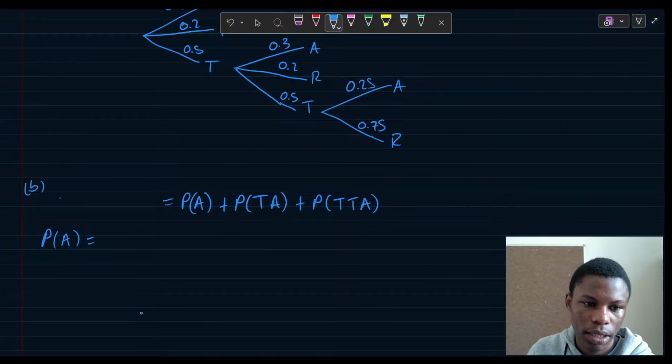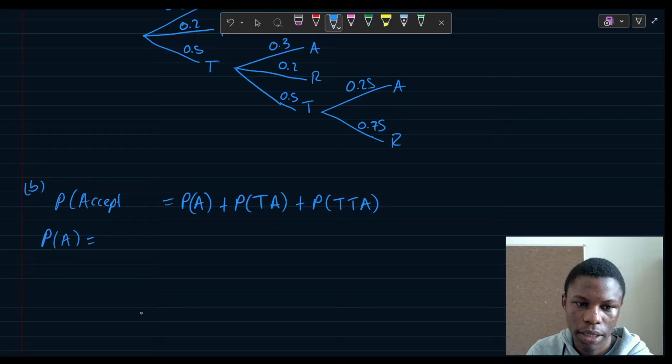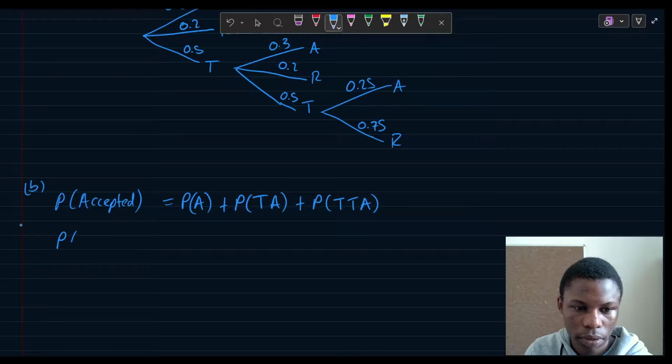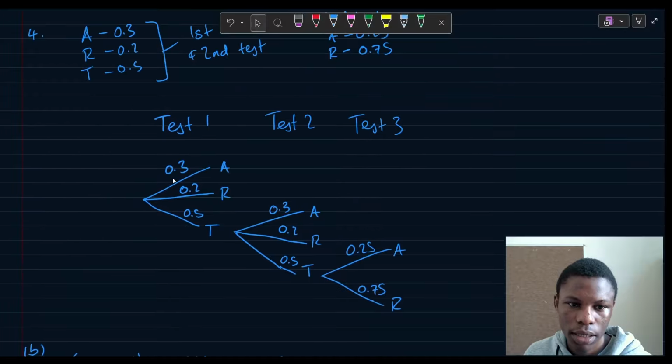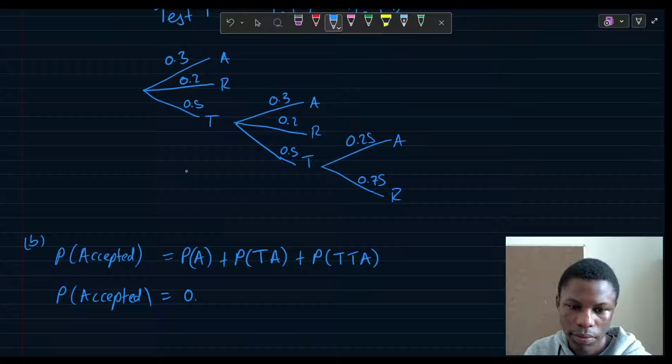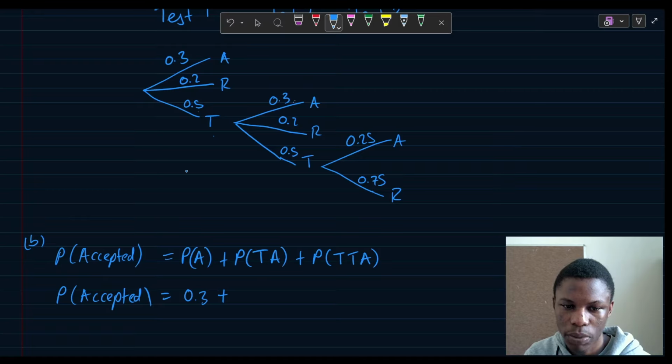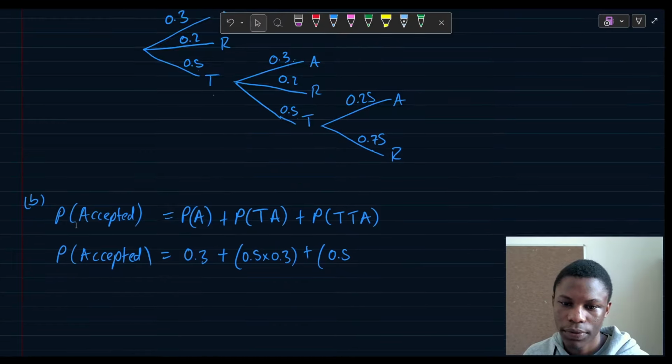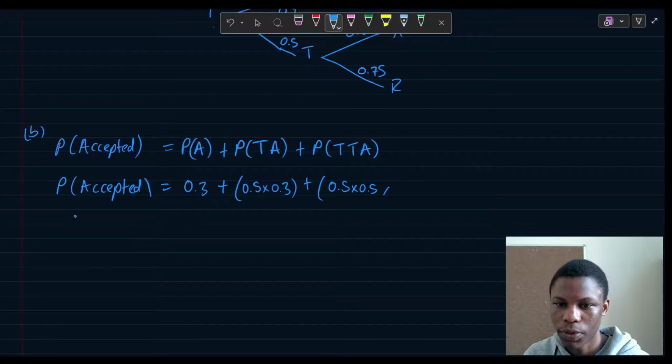Probability of getting accepted. The probability of getting accepted on test 1 is 0.3, plus take another test and then get accepted, so 0.5 times 0.3, or take another test, then take another test and then get accepted, so 0.5 times 0.5 times 0.25.